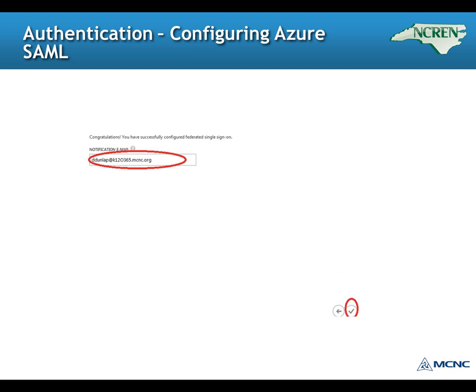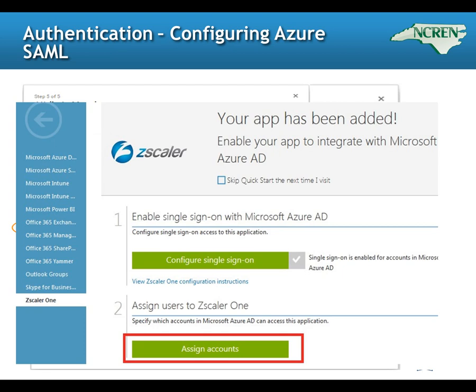Then down below, confirm that you've configured single sign-on and go to the next screen. The next screen is just wanting to send you a notification that somebody's been in here configuring it, and it's you. Yes, you know that. So you go to the bottom right and hit the checkbox.